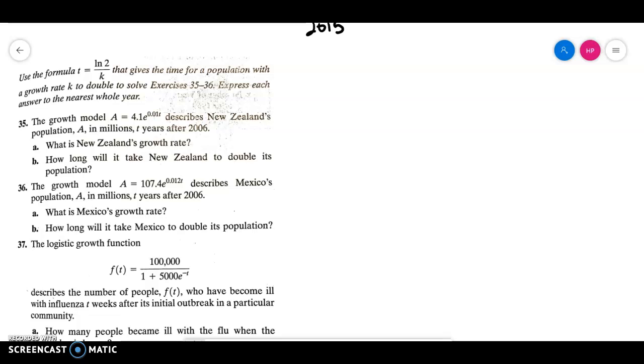We have e to the percentage, which is what we just dealt with in numbers 3 and 4, times t, still years since 2006. So the growth rate is, just taking a look at this, my 4.1 is my initial, and my 0.01 or 1% would be my growth rate.